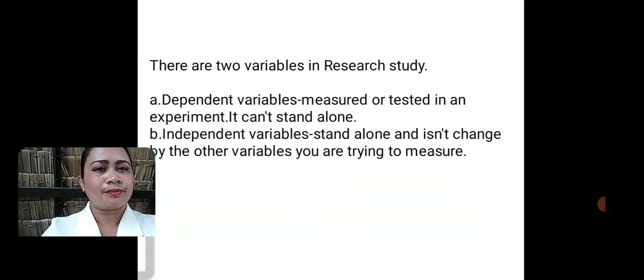So there are two variables in a research study. What are those variables? We have dependent variables and independent variables. So class, when we say dependent variables, it is measured or tested in an experiment. Meaning to say it can't stand alone.